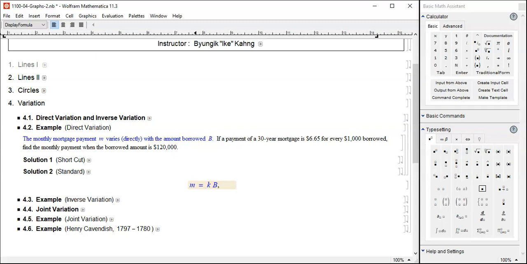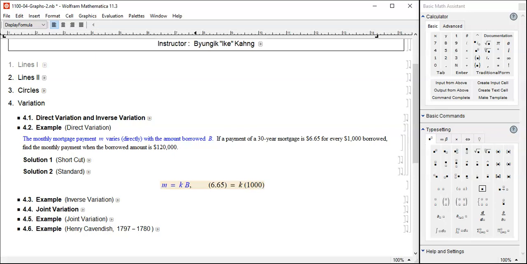Instead of considering this double, triple, those kind of things, just focus upon the equation. And then let's find that k value by plugging in all these numbers. Okay, $665, that's a monthly payment, isn't it? $1,000 is borrowed money.